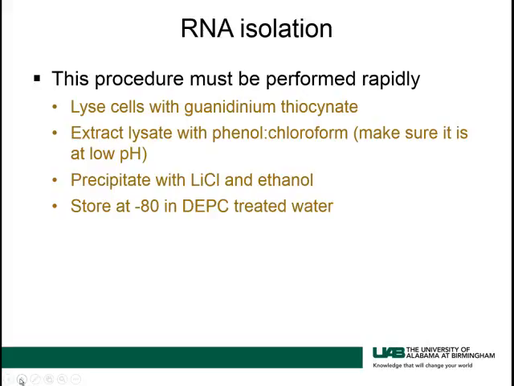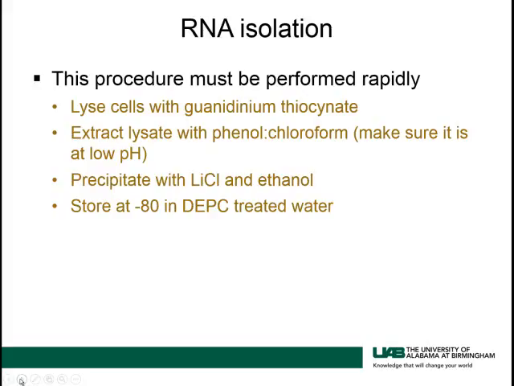So the first thing is you lyse the cell with a very strong detergent called guanidinium thiocyanate, and then you extract the lysate with phenol, chloroform, and you can put in isoamyl alcohol like we said last time.